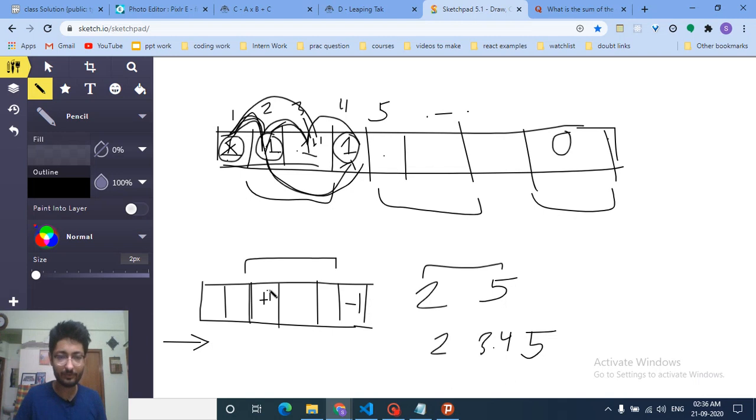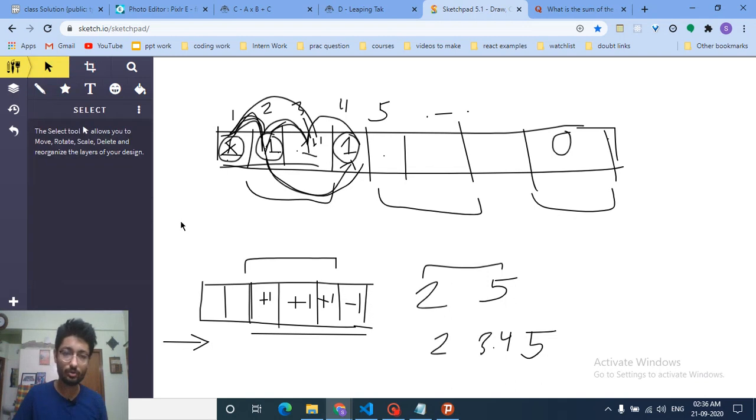Whenever you find 1, just put down 1, and then keep incrementing, and whenever you see -1, just stop at that point. So you have incremented the whole range by 1, which I have marked. That's the simplest way to update some range, and that's what we're going to do in this question.